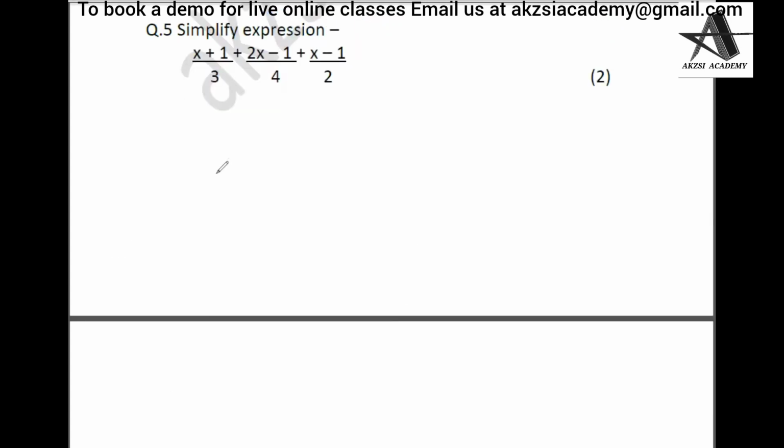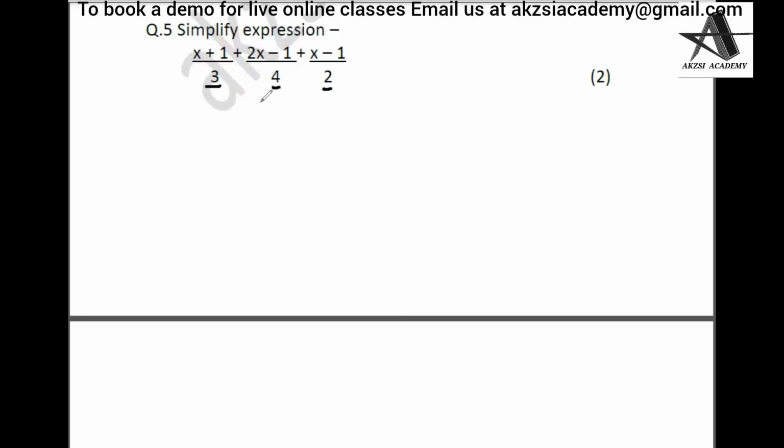Simplify the expression: (x plus 1) by 3 plus (2x minus 1) by 4 plus (x minus 1) by 2. Now we just have to simplify the fraction. Simplifying the fraction, simply what we have to do is take the LCM. LCM of 3, 4, 2 is 12, clearly. If there is confusion, you can use the method, but these are small numbers and it should be on your tips.